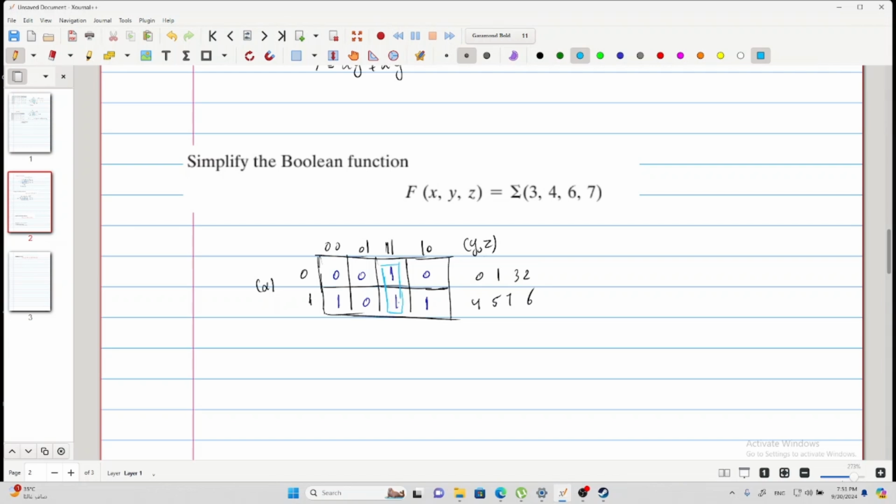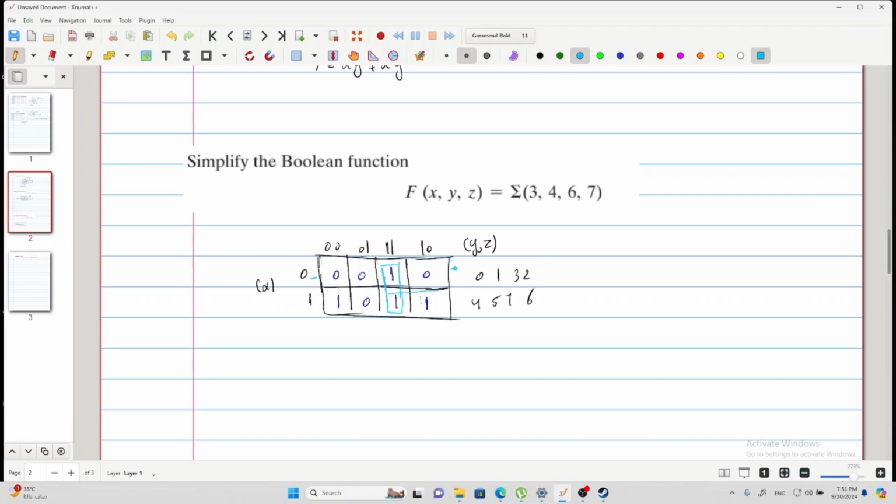Now you could do it in a different way. You can group these together here, but you still have 1 here that is left. So what is the solution? Remember what I said about things being wrapped. Imagine it's a cylinder. If you wrap these two sides, they will be adjacent to each other.